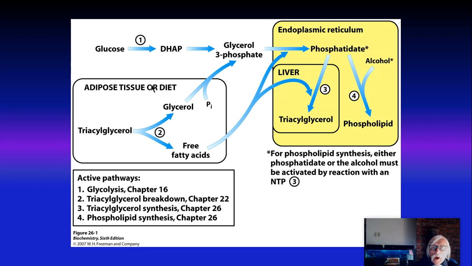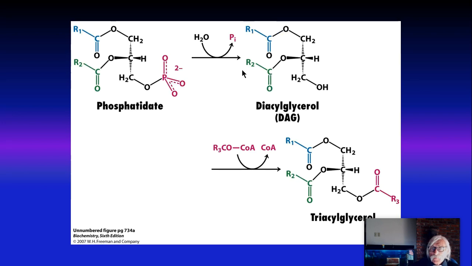And so from adipose tissue or from the diet, you break down triacylglycerol. You can pick up glycerol that way as well, phosphorylated. Now you're on your way to making phospholipids. You can also generate some free fatty acids, which can be utilized in the liver as acyl-CoAs to build up triacylglycerol from phosphatidic acid, putting in that third fatty acid. Okay, so there's a lot of metabolism that goes on just for the backbone, and this is just showing you the glycerol lipids, not looking at the plasmalogens yet.